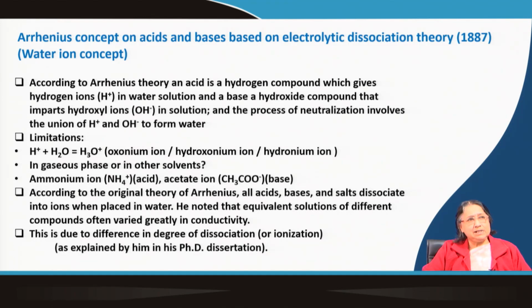But an acid should be defined not in terms of any medium, but by itself. For example, what happens for acids and bases in the gaseous phase or in other solvents. It also could not explain the properties of the ammonium ion, which shows an acidic property, and the acetate ion, which shows a basic property.